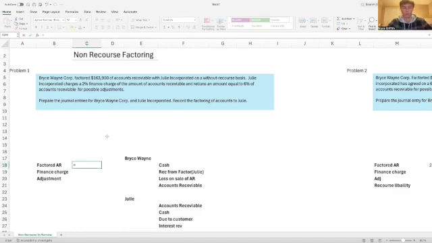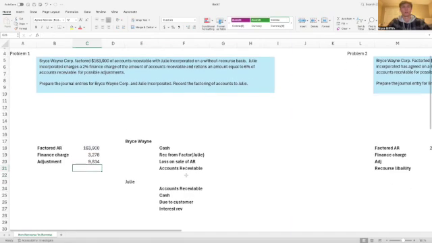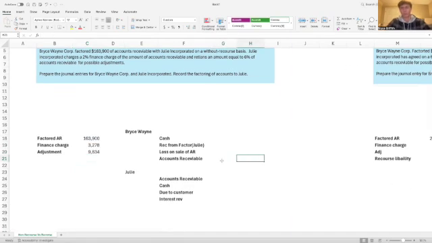So let's jump right into it. 163,900 is going to be your factored accounts receivable balance. Finance charge is going to be 2% of that. And then our adjustment to the factored AR that we're going to have on hand is that 6%. So how we can calculate this is we know that the accounts receivable balance for Bryce Wayne is going to be that.